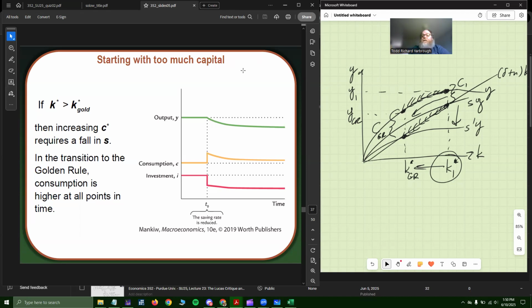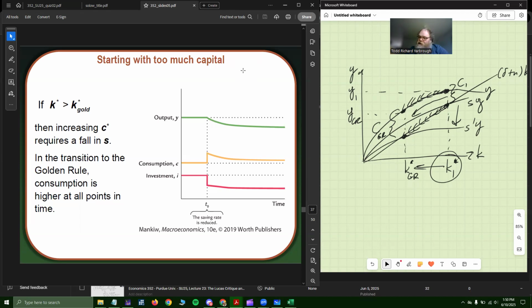So we get this initial decline in investment caused by the lowering of the savings rate as the central bank tries to achieve golden rule. That initial decline in investment is going to cause an immediate increase in consumption, right? And then as we transition, what we see is that output is falling at a faster rate than investment is falling.